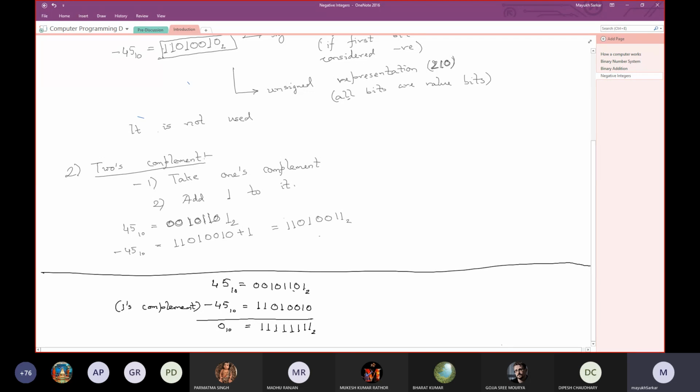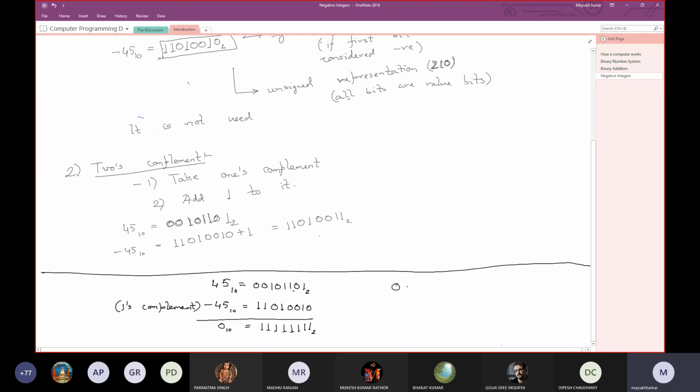In fact, the reason behind this will be quite clear if we somehow, though that's mathematically impossible, suppose that there are also two zeros, a positive 0 and a negative 0.